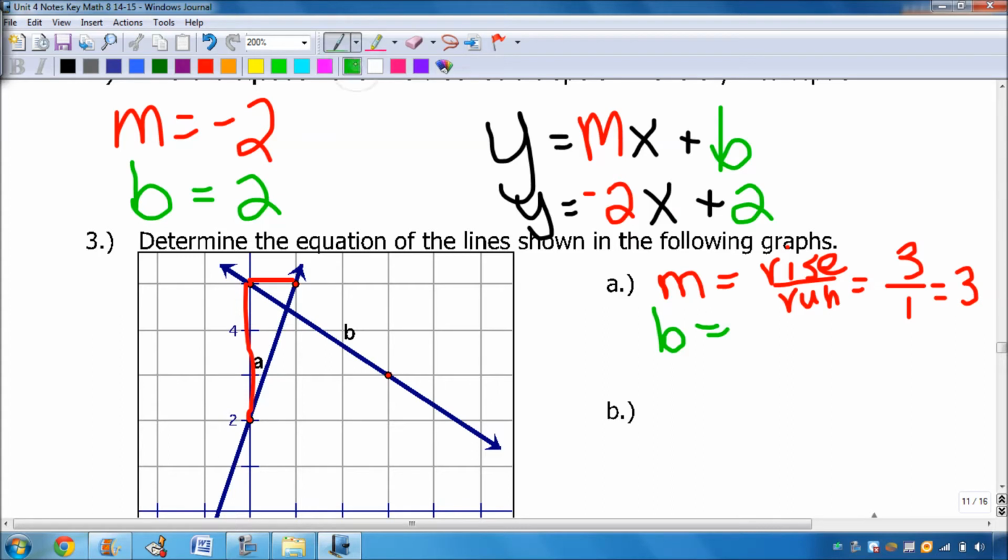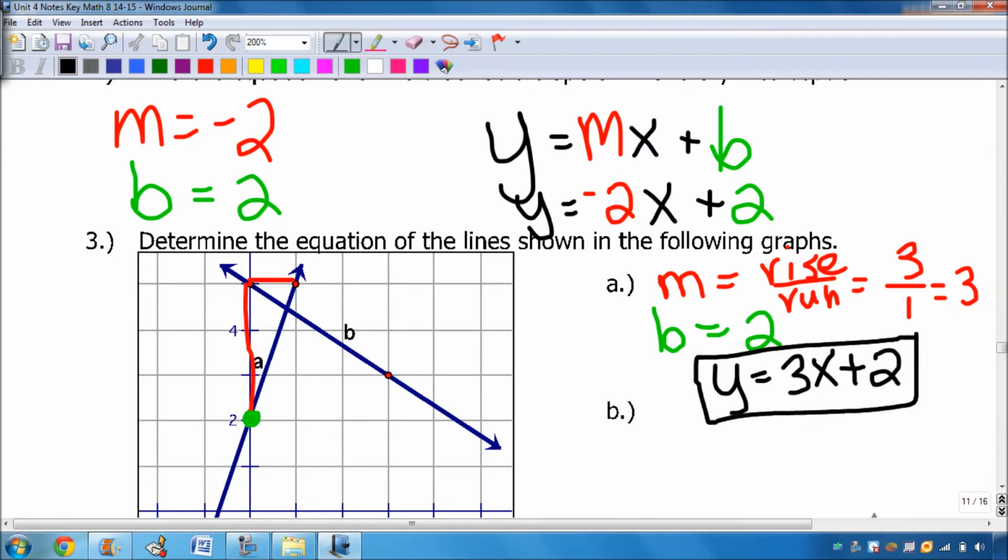And then the y-intercept is where it starts on the y-axis. Well, it starts at 2. So the equation of your line right here would be y equals 3x, because that's the m, plus 2, because that's the b.